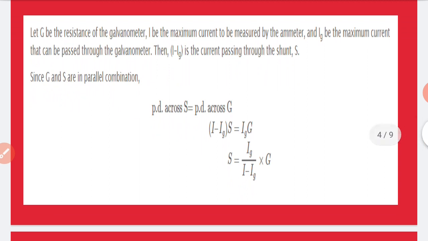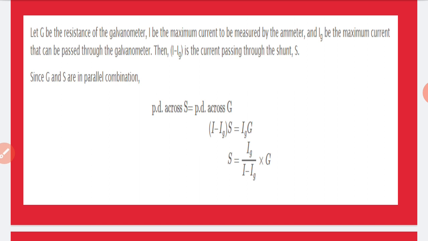Let G be the resistance of galvanometer, I be the maximum current to be measured by the ammeter, and Ig be the maximum current that can be passed through the galvanometer.